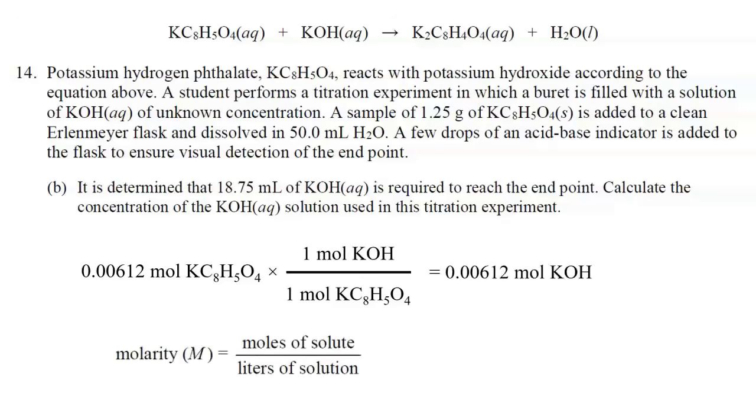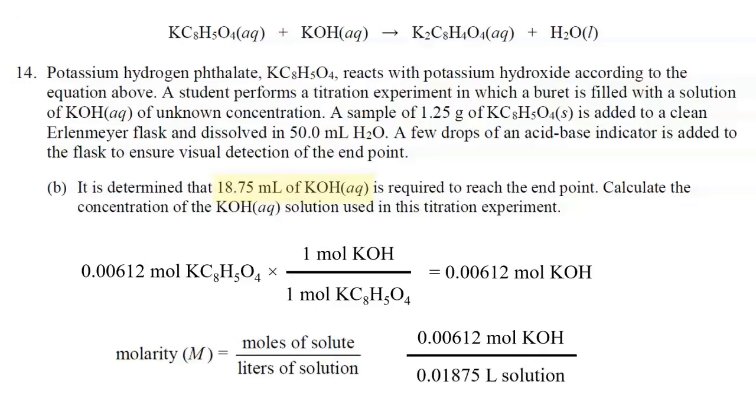Molarity is moles over liters. And we have a volume in this problem. 18.75 milliliters of the solution was used to reach the endpoint. So we're going to take moles of potassium hydroxide divided by the volume in liters. So not 18.75, but rather 18.75 divided by 1,000, so 0.01875 liters.